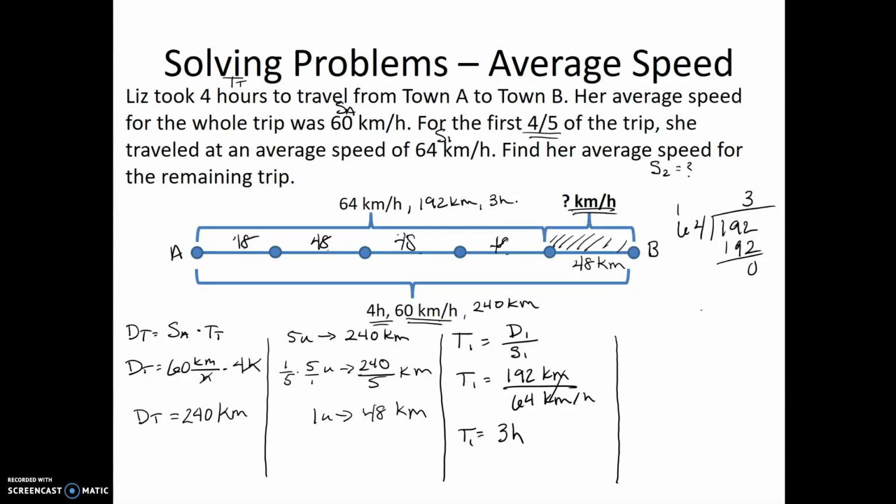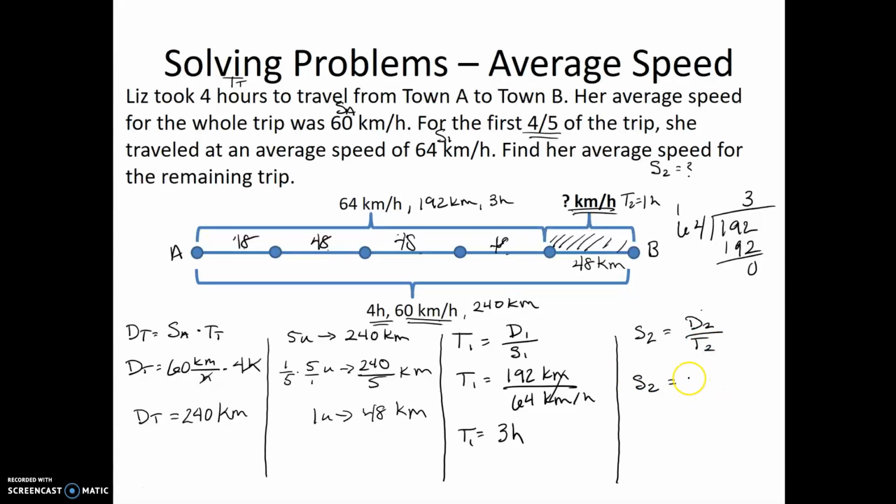Now remember that our entire trip is 4 hours, so since we found our time 1, we just subtract: 4 hours minus 3 hours is going to be 1 hour. So this time over here is going to be 1 hour. Okay, now we've got a distance and we've got a time, so we can find our speed. So our speed 2 is going to be distance 2 over time 2.